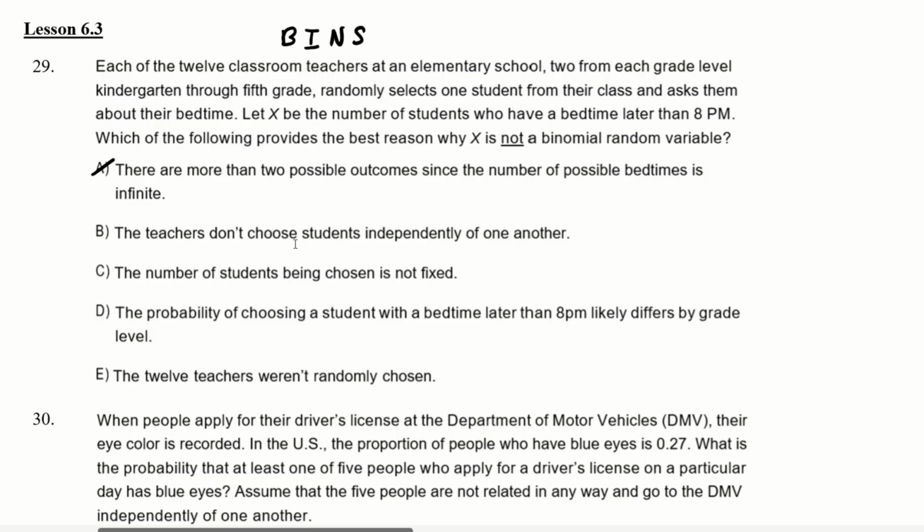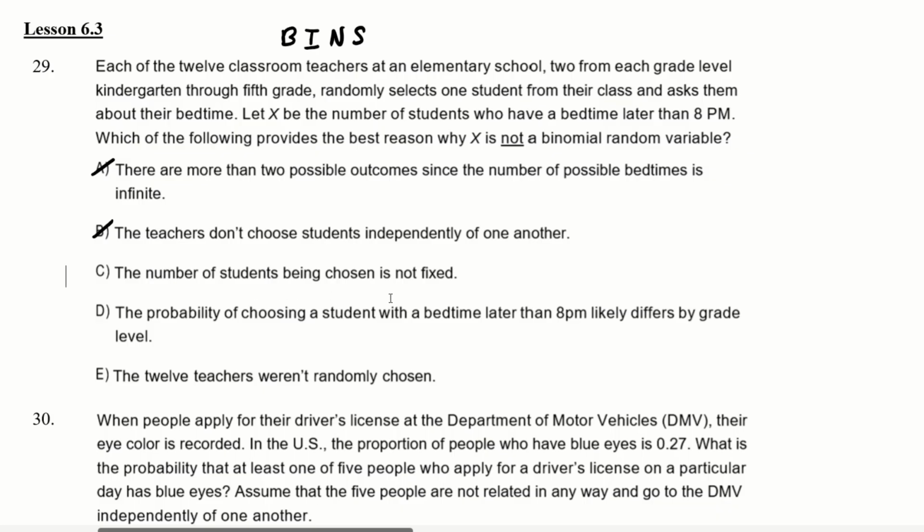B, the teachers don't choose students independently of one another. Well, it does say that they randomly select one student from their class, right? So that wouldn't be a reason why it's not a binomial random variable. Okay, so we can eliminate that because again, they're selecting the students randomly and all that.